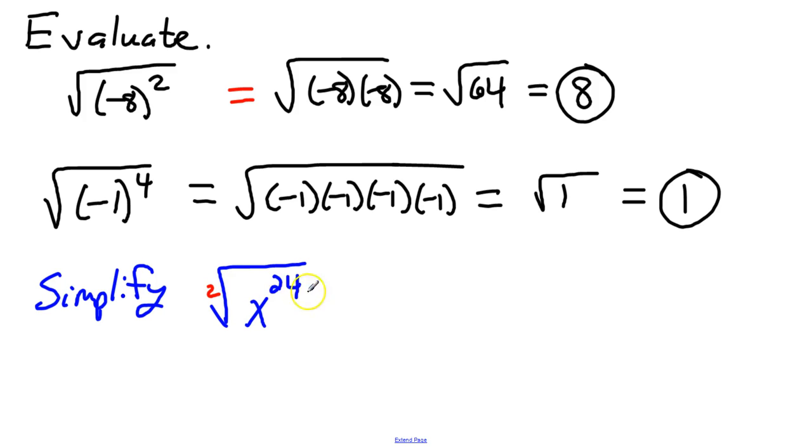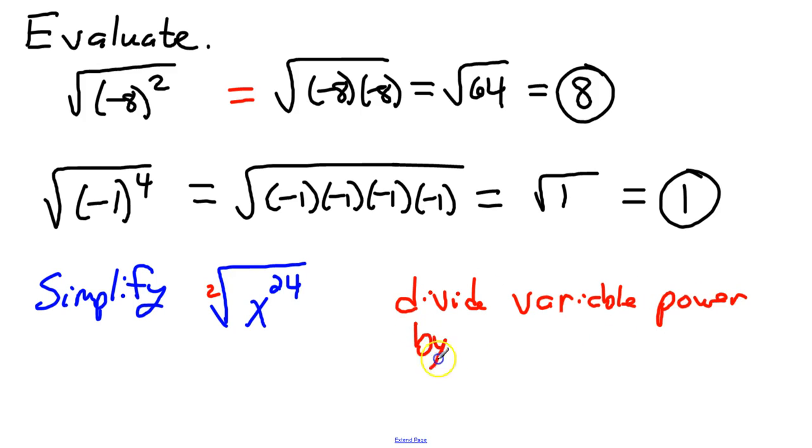And to get this one, you can divide the power by whatever root you're going to take. In this case, we're doing square root, so you're going to divide the variable power by the root.